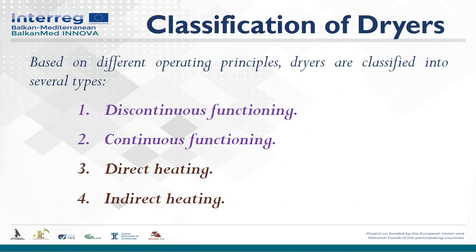Based on different operating principles, dryers are classified into several types. For example, discontinuous functioning and continuous functioning, or direct heating and indirect heating. Well, these types of dryers have some qualities that are different from each other.